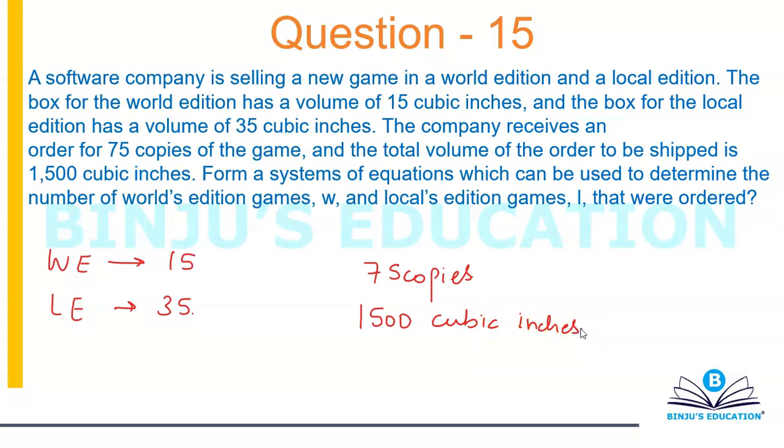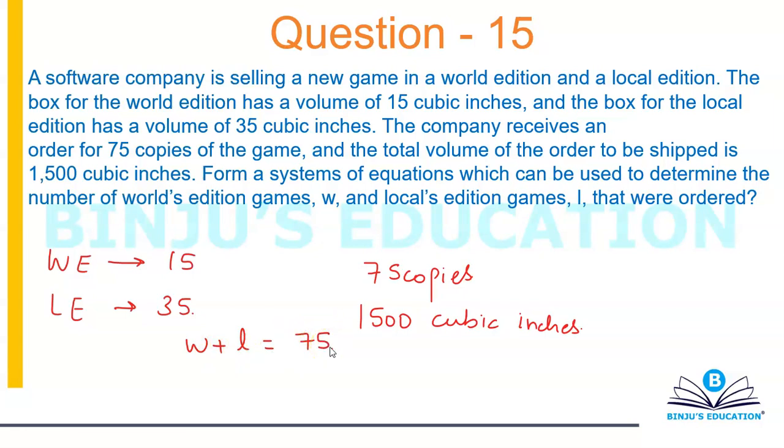Form a system of equations which can be used to determine the number of World Edition games W and local edition games L that were ordered. So again you have to form the equation. The number of World Edition games is W and the number of local edition games is L. Now the company has to sell a total of 75 copies, which means the first equation you can form is W plus L should be equal to 75.